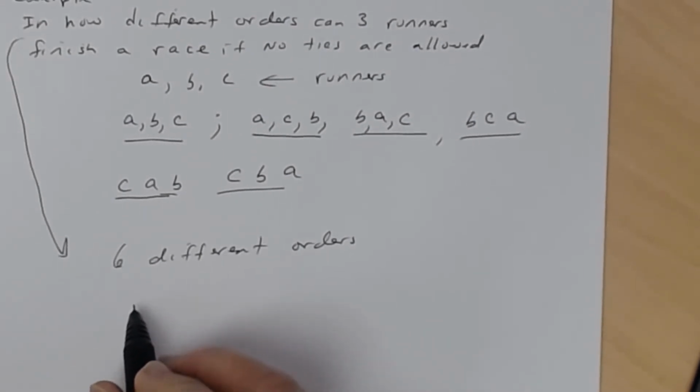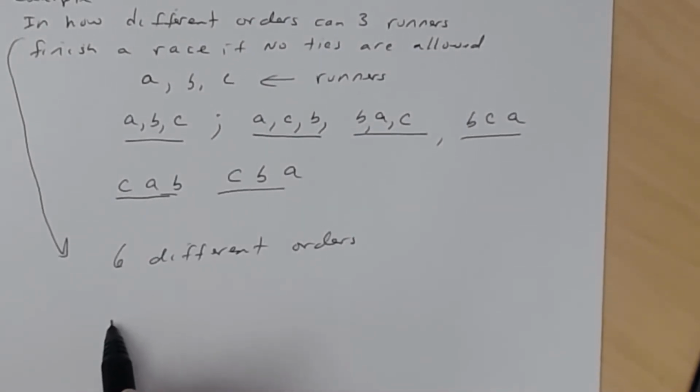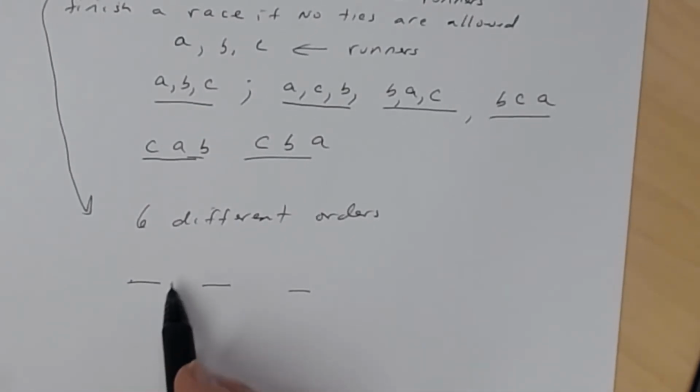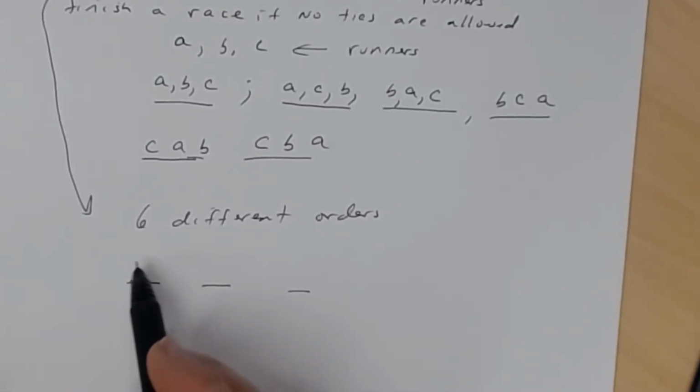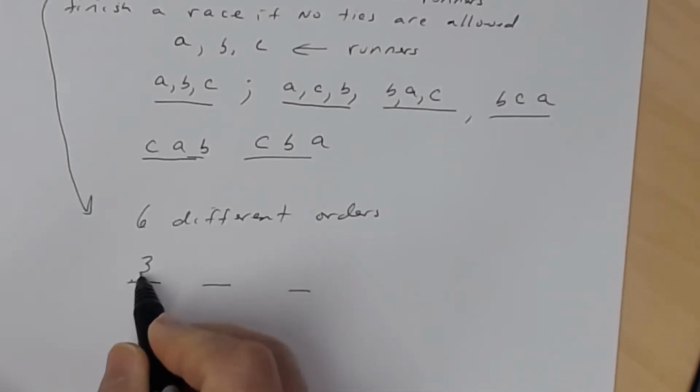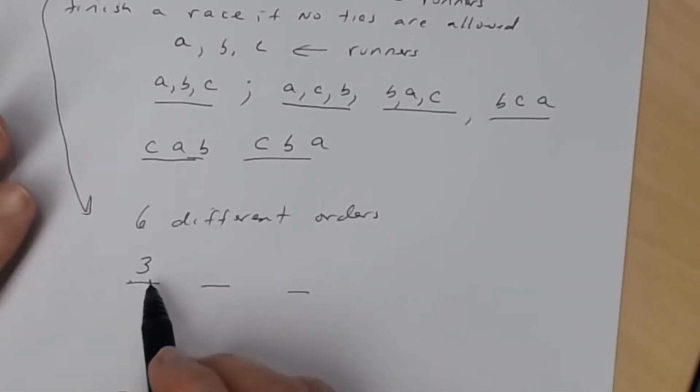I have that this can be thought of in 3 events. So the first event is that someone finishes first, right? So how many possibilities are there for someone to finish first? Well, it could be A, it could be B, or it could be C. So how many is there? 3, right?